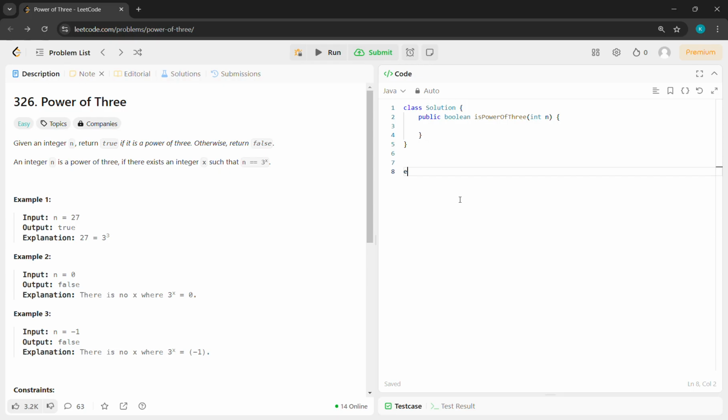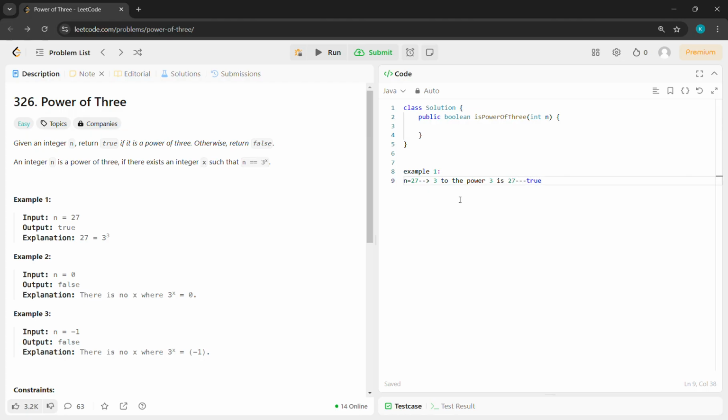Let's talk about example number 1, where the input given is n equals 27. We know that 3 to the power 3 is 27, so the expected output is true.